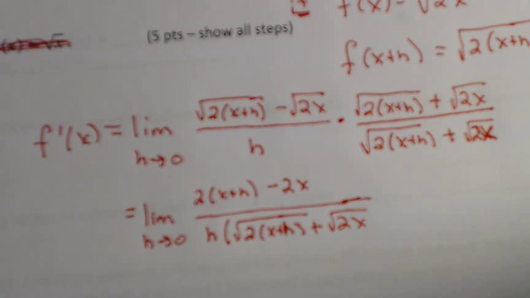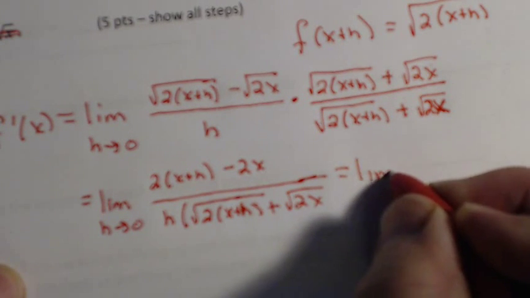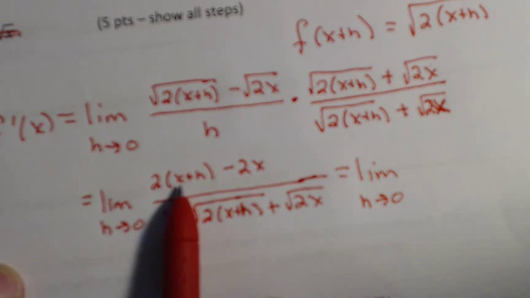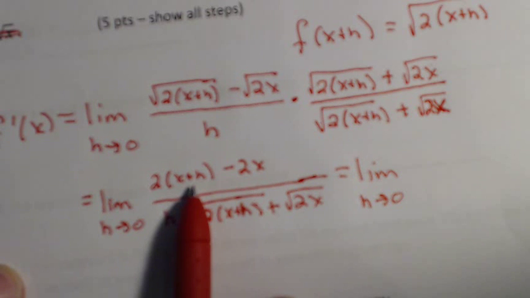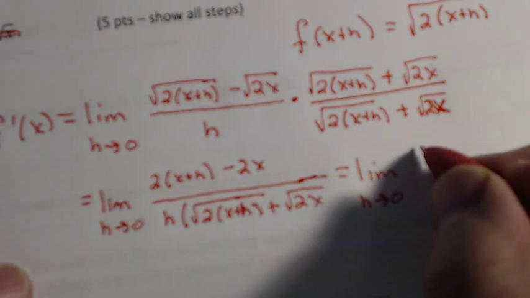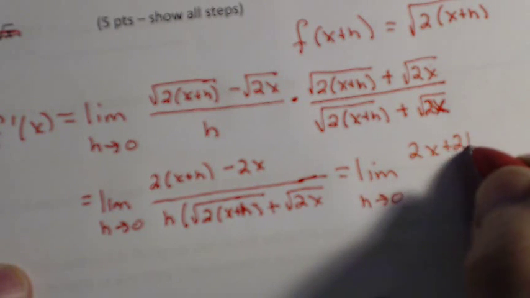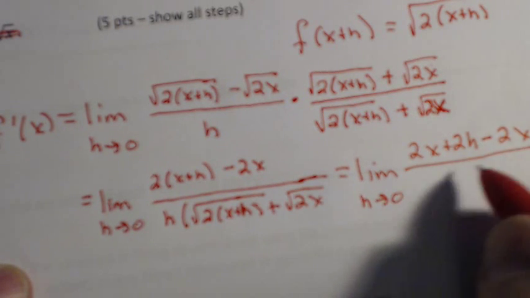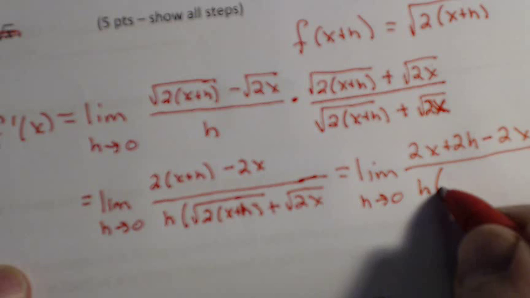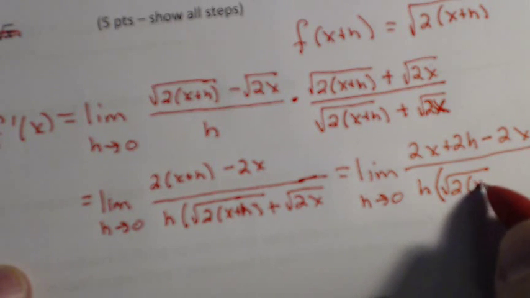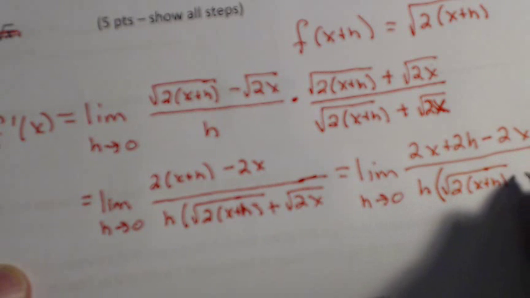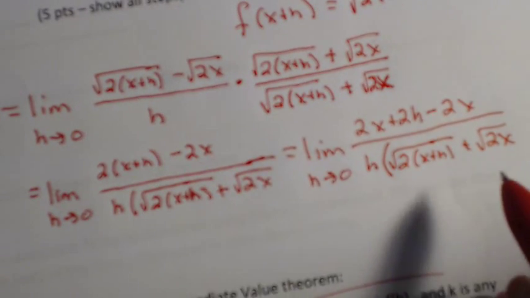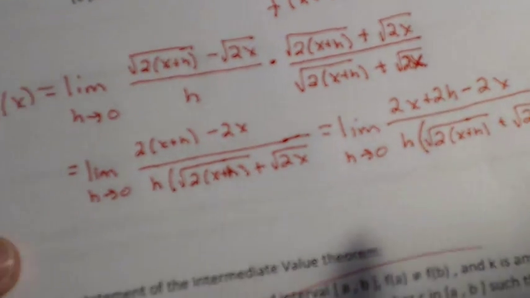Okay, now in the numerator, I'm going to write equals the limit as h approaches 0. In the numerator, I'm going to get 2x plus 2h when I distribute. Well, we'll just show the step. This is 2x plus 2h minus 2x over h times the square root of 2 times the quantity x plus h plus the square root of 2x. In the numerator, the 2x's cancel, leaving only 2h.